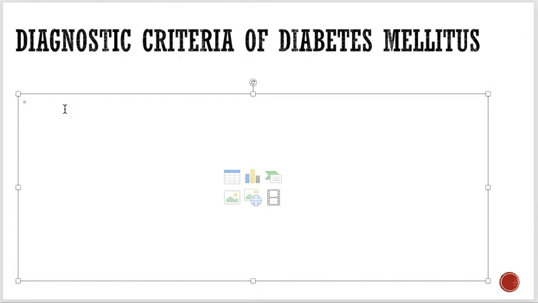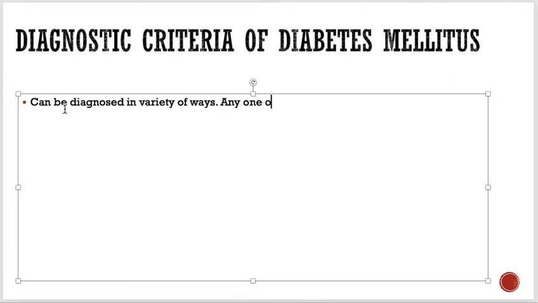So diabetes mellitus can be diagnosed in a variety of ways, and any one of the following is sufficient to make the diagnosis.